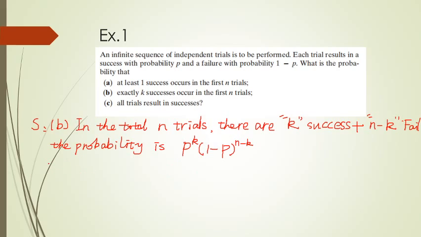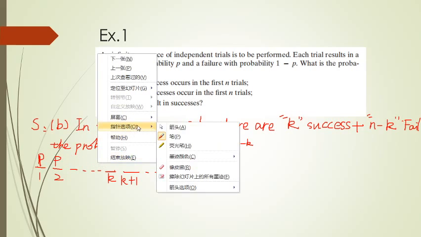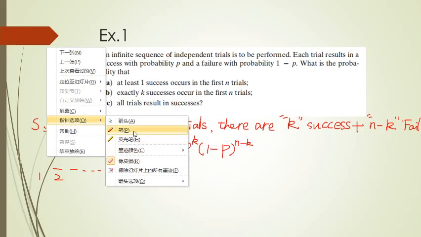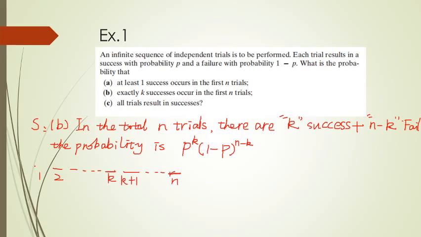But let's think about this one, okay? So you might have trials 1, 2 until K, and then K plus 1 until N. You might have the first K give a success, let me just write S. Or you might have another K out of N trials.